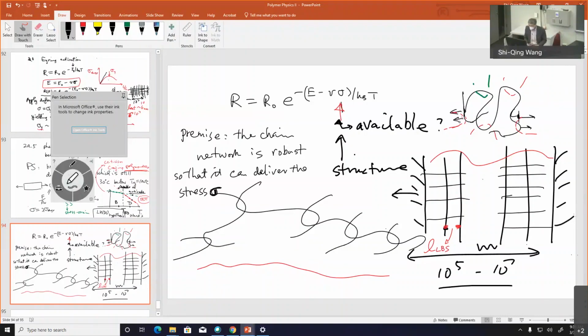So to the zeroth order, you can imagine, at least for those that can sense the fact that two ends are moving, and I'm also joining into that movement, those are the ones that, using the language of Eyring, will find their stress being delivered.